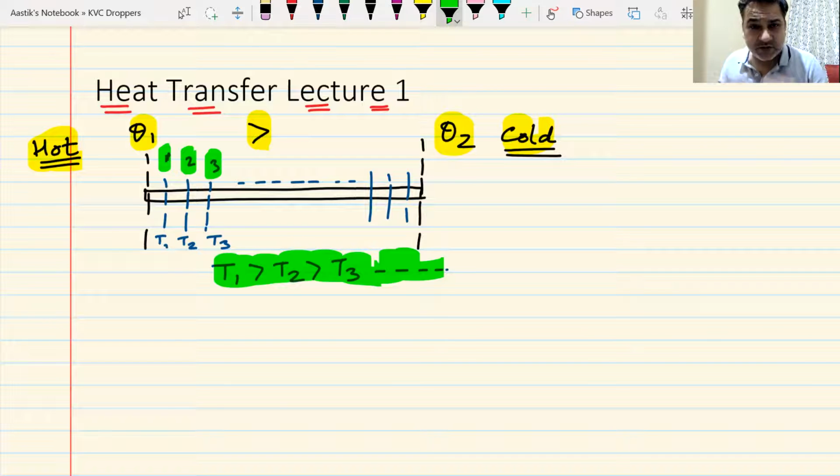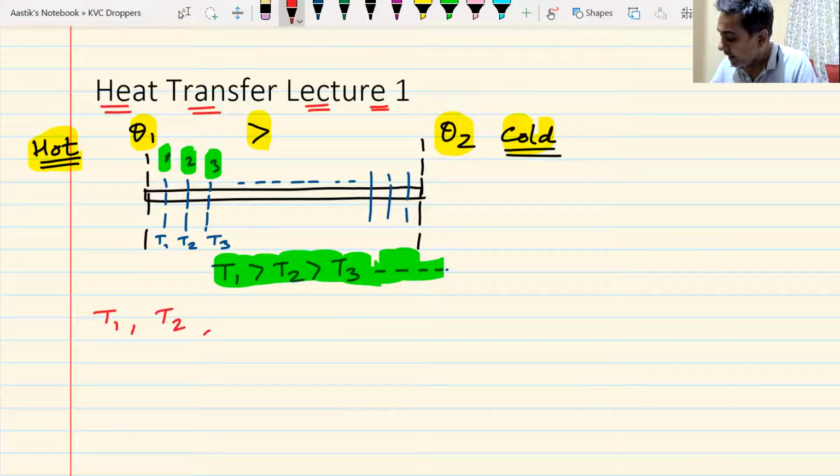Now when I start this conduction process, temperature T1 will keep on increasing, T2 will keep on increasing, T3 will keep on increasing.